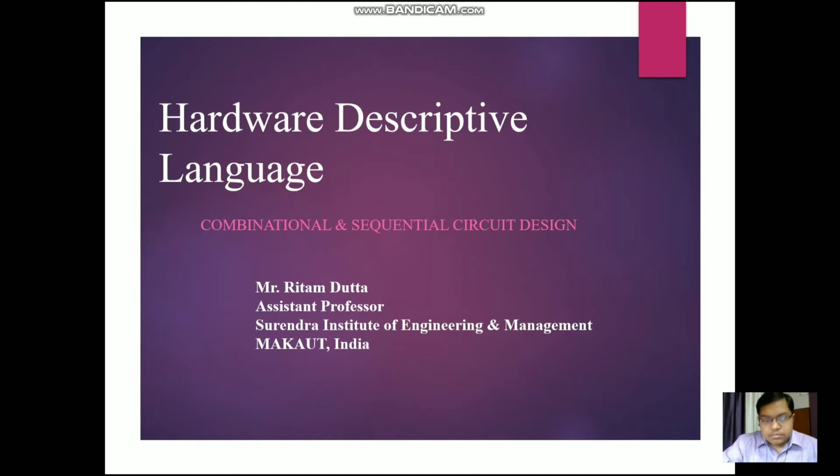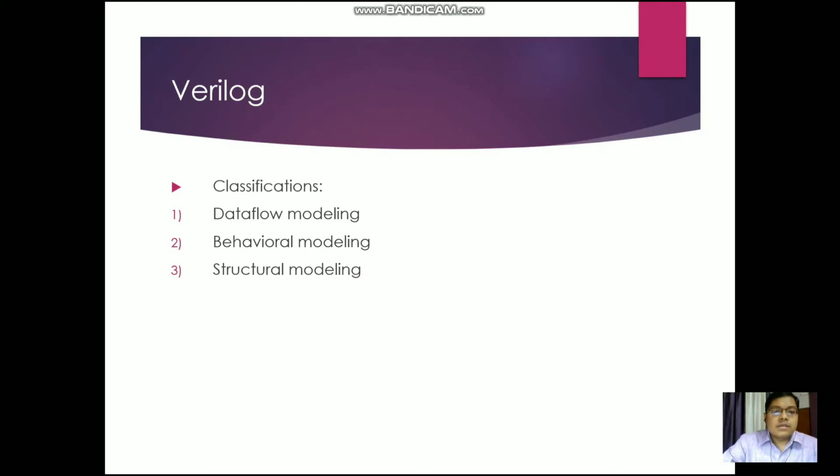So here, if we quickly move ahead, we can see that while doing the programming, we need to understand that we have certain modeling which is very important in order to understand the Verilog codes. As you can see, there are three modelings.